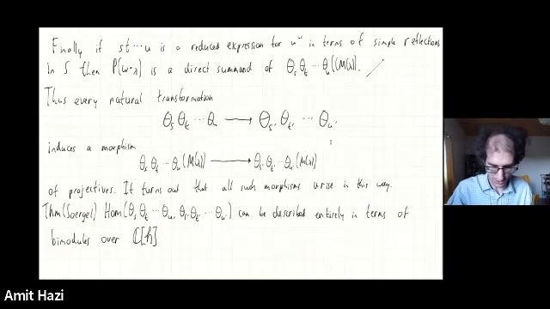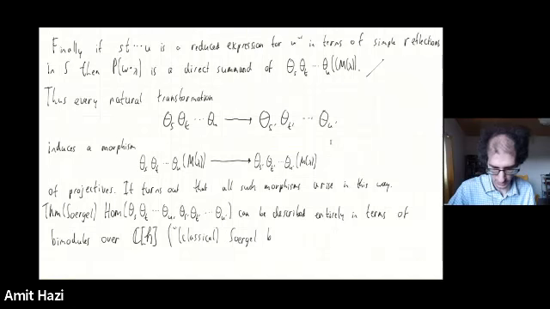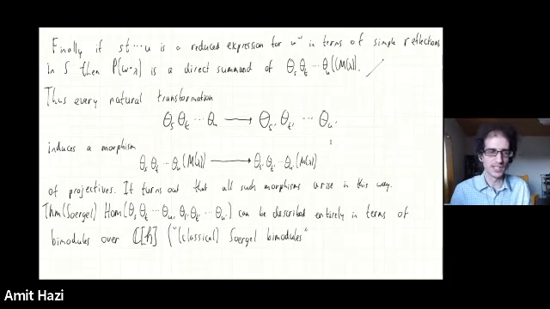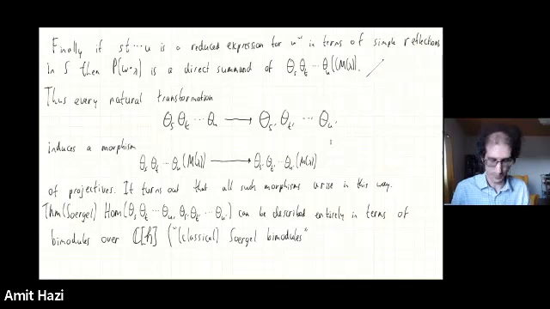And the bimodules that you get in this way are called, well, today they're called Soergel bimodules, but I'm going to call them classical Soergel bimodules, because later we're going to see in detail how to work with these sorts of things in a diagrammatic way without talking about bimodules at all.